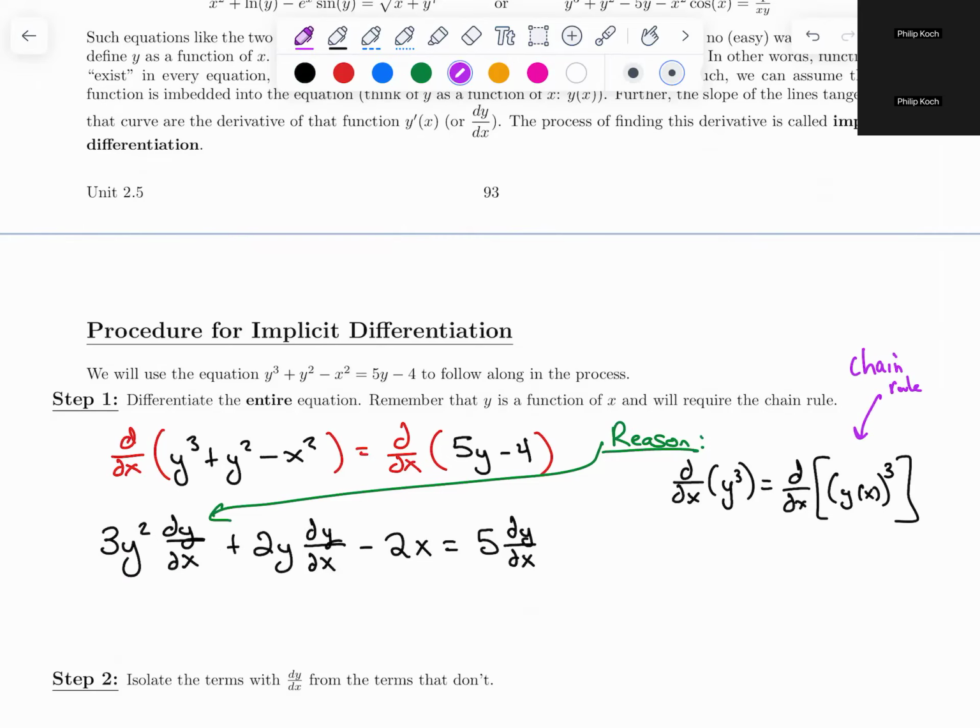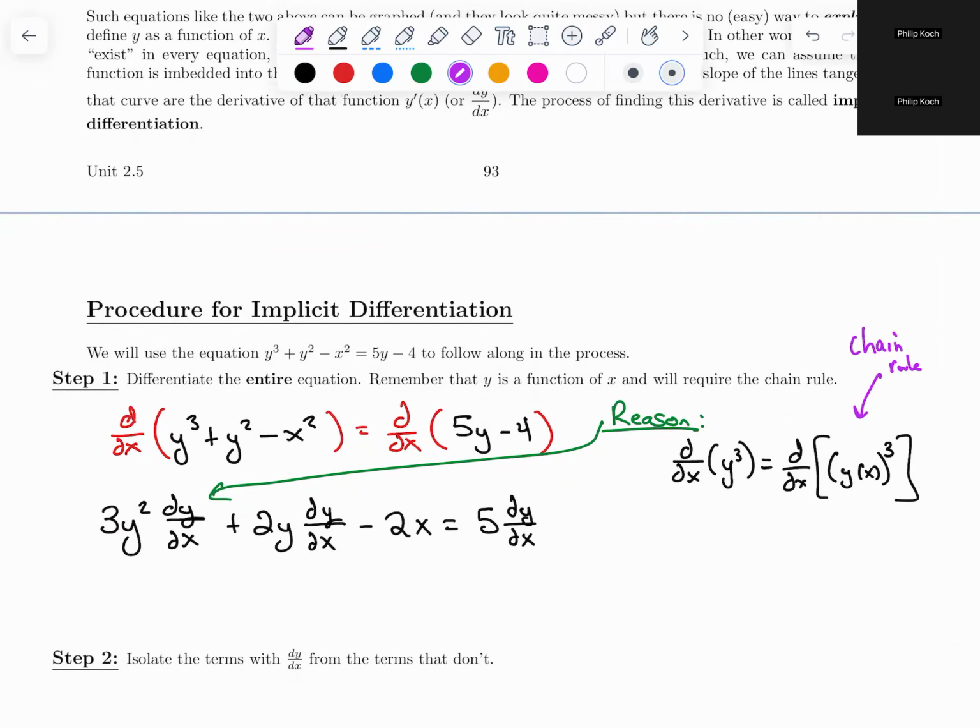So write that down and let's explain it again. Notice the variables here. That's key. This is d dx of y cubed, not d dx of x cubed. So when I do this, the outer function is the third power and the inner function is y of x.